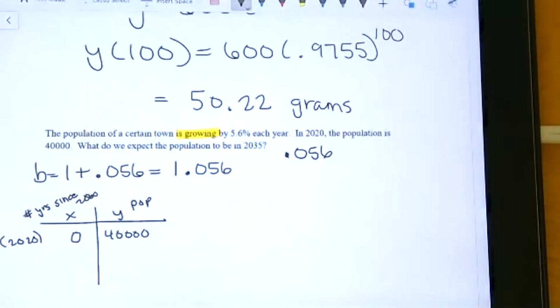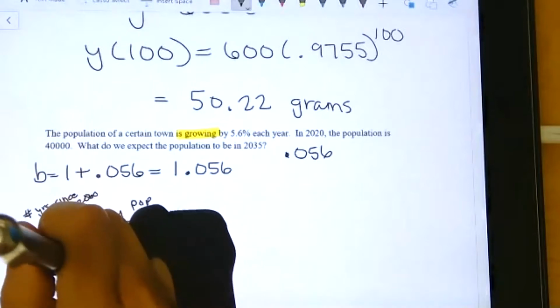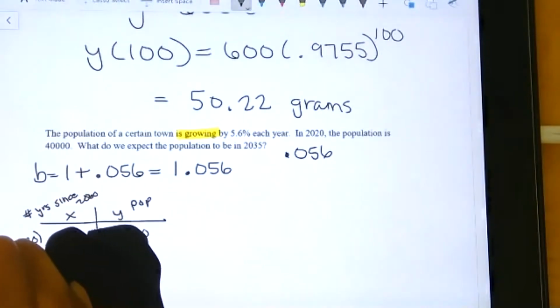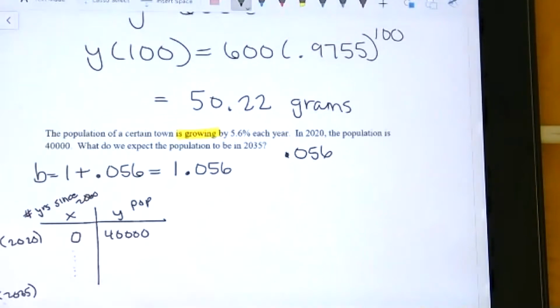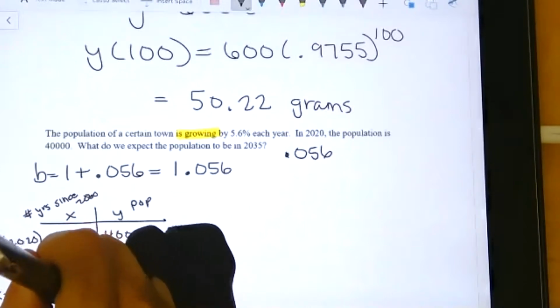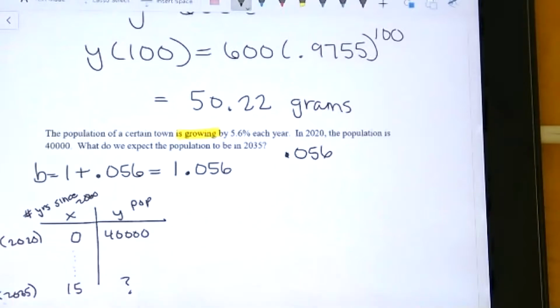That's 2020. So what we want to do is figure out what's going on down here in year 2035. How many years has it been? From year 2020 to 2035, how many years are we talking about? 15. So we're really trying to figure out the population 15 years from now.